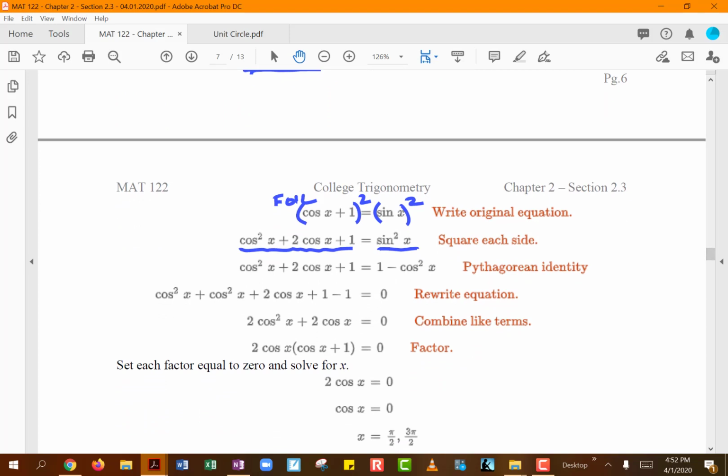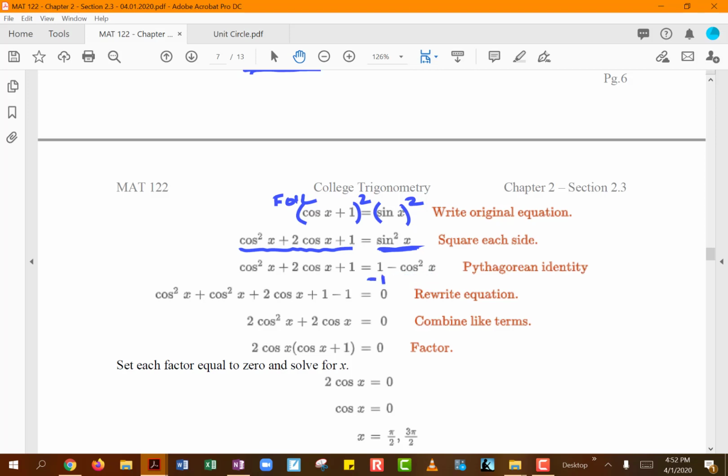Now that you have sine squared of x on the right-hand side, you can bring in your Pythagorean identity and rewrite sine squared of x as 1 minus cosine squared, because, again, we don't want cosine on one side and sine on the other side. So we are going to use this Pythagorean identity to rewrite the entire equation with a cosine function, and then, of course, move this right-hand side to the left-hand side.